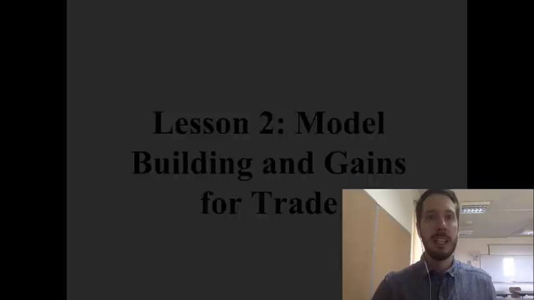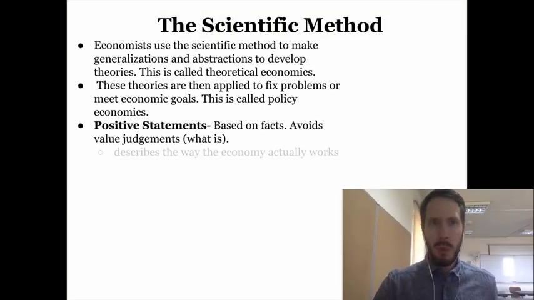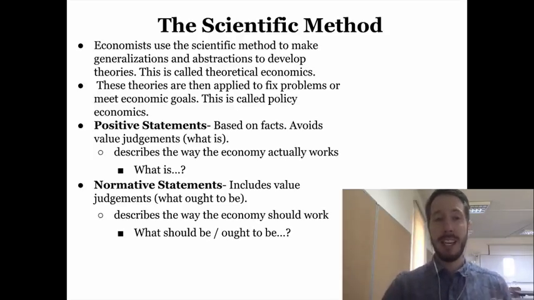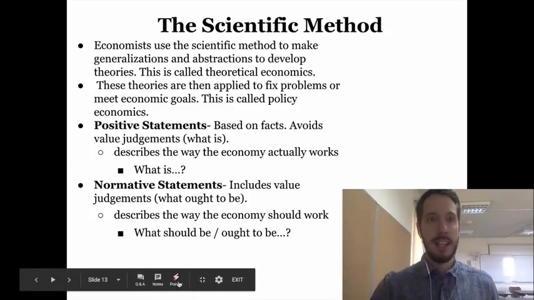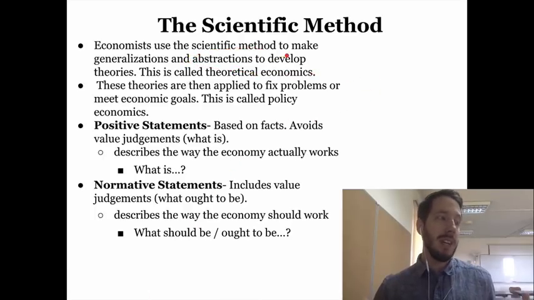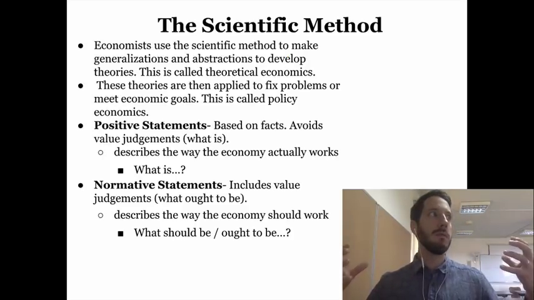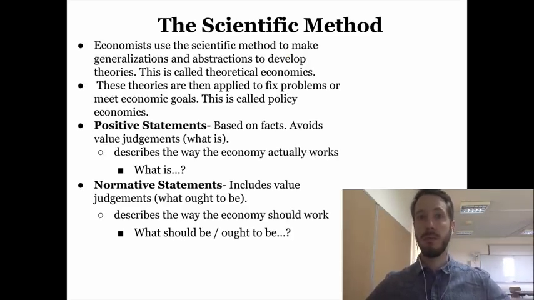Let's get started. So, when we're looking at why we have all these charts and graphs in economics, we really have to go back to the idea of the scientific method. We use this method to make generalizations about how economies work for individuals, for businesses, for countries. These are called theoretical economics.